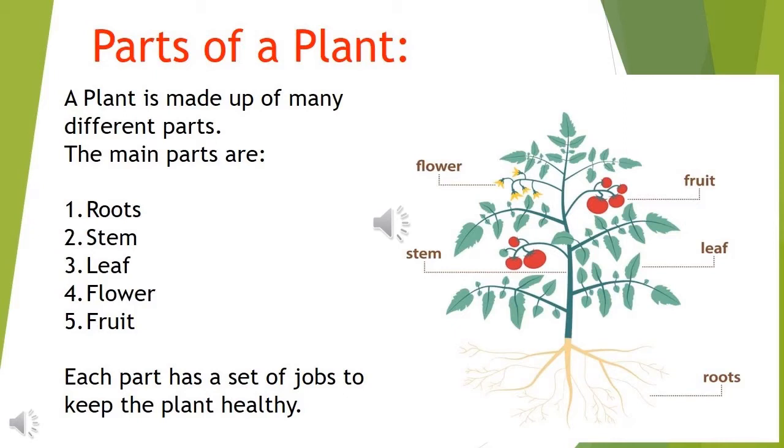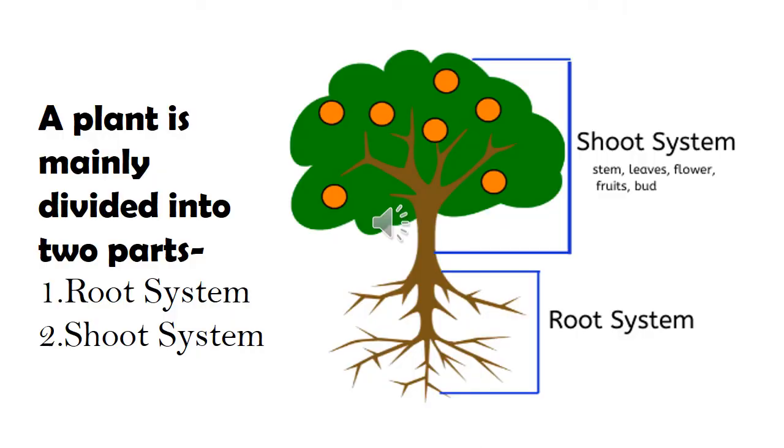A plant is mainly divided into two parts: the upper part and the lower part of the plant. The upper part, in which there is a stem, flower, fruit, and bud, is called the shoot system.